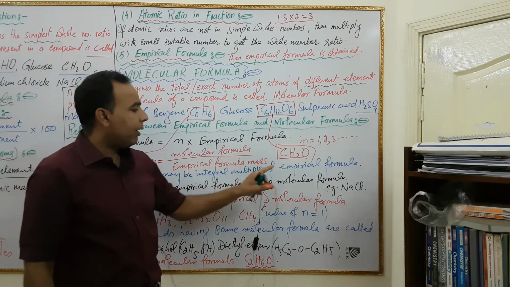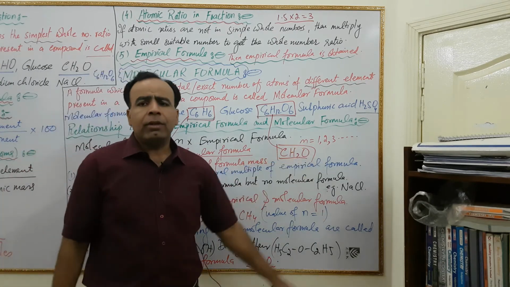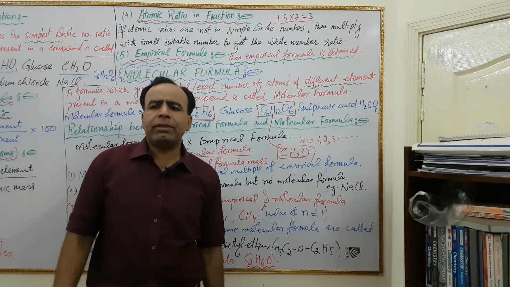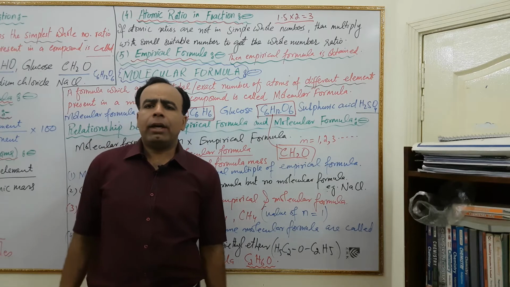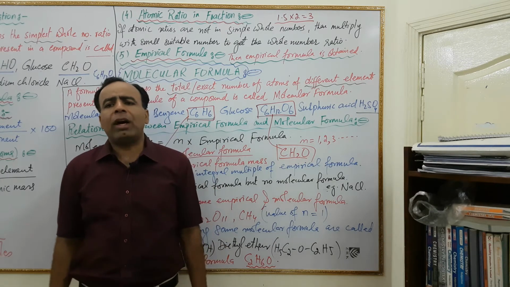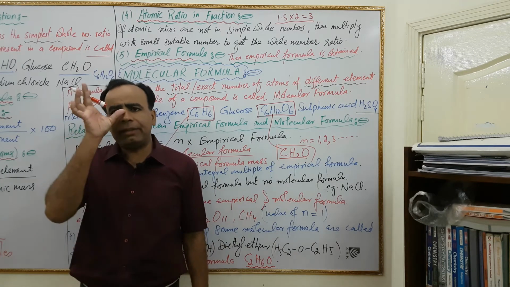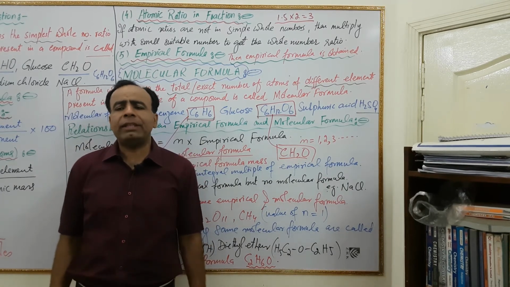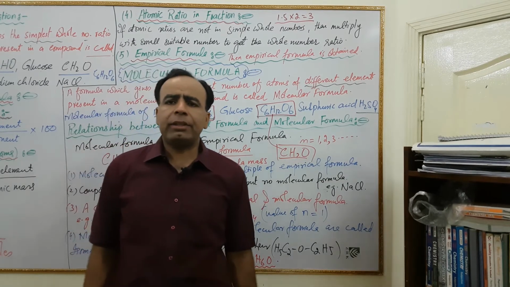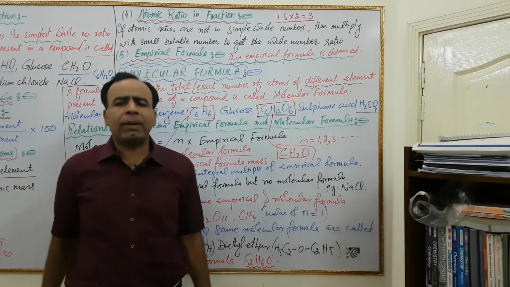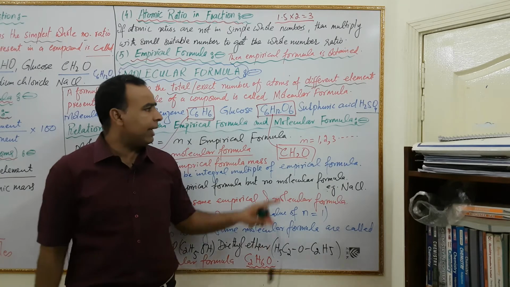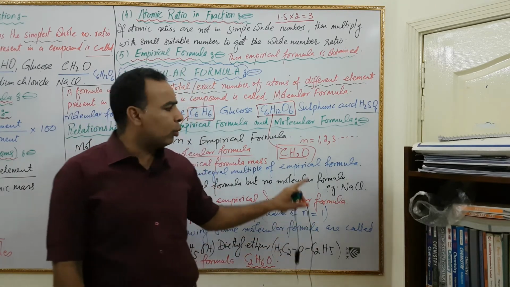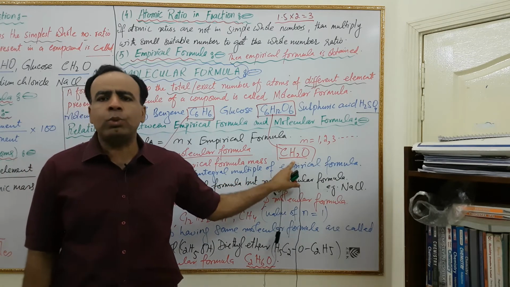So the value of n may be 1, 2, 3, 4, etc. It means that the molecular formula of benzene is C6H6, which is 6 times the empirical formula of benzene, that is CH. Similarly, the molecular formula of glucose is C6H12O6, which is 6 times the empirical formula of glucose, that is CH2O.